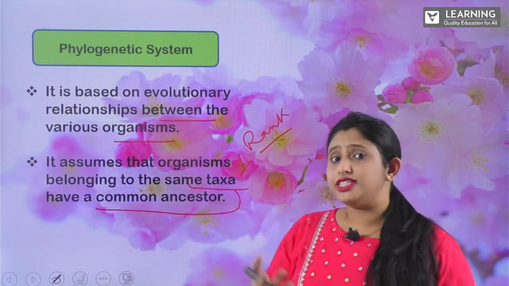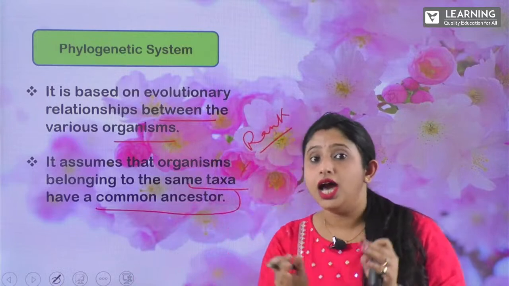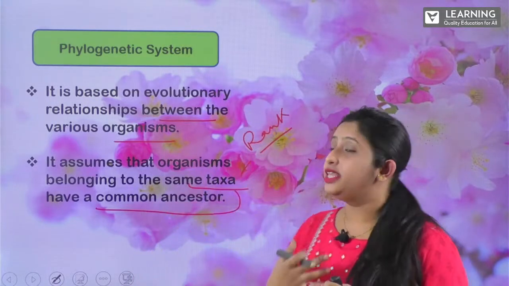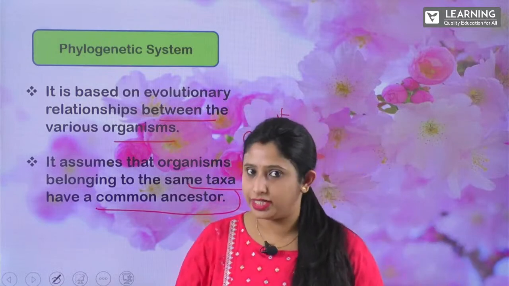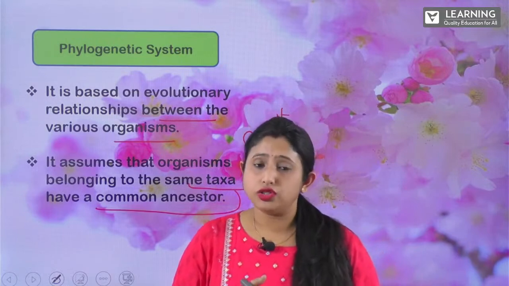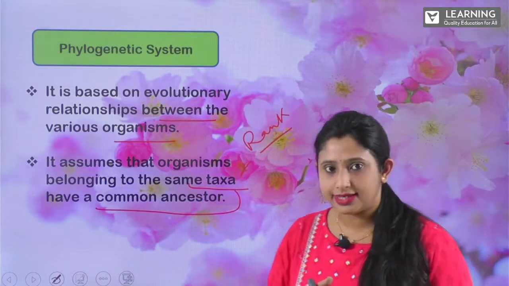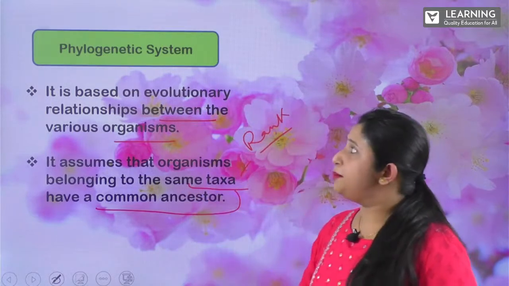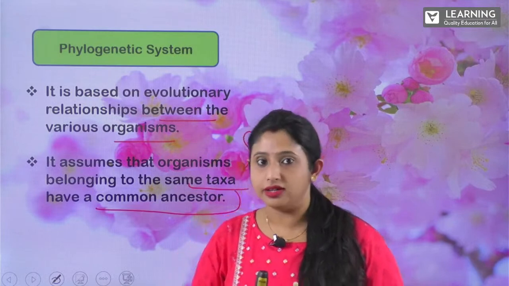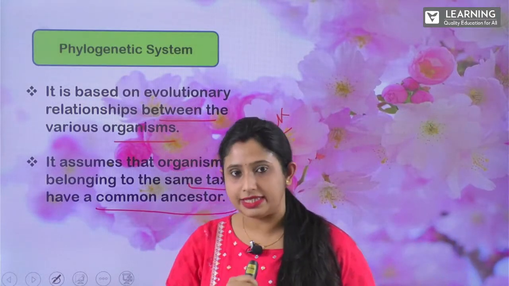So each organism, depending on its characteristics, is placed at a particular level, isn't it? So depending on that, they are called common ancestors. So it assumes that organisms belong to the same or common ancestors. Clear? So this is all about the classification system of plants. We have seen the 3 types of classification system.